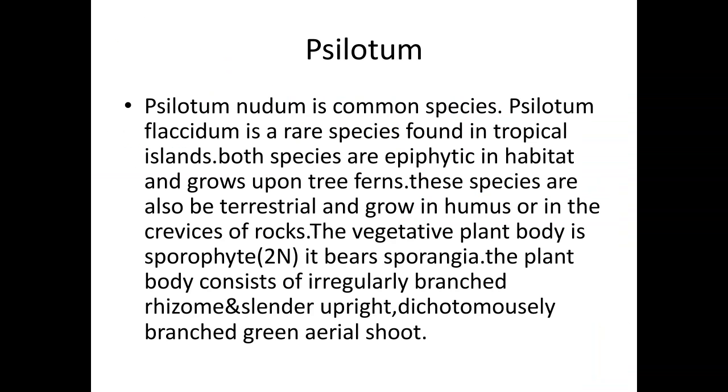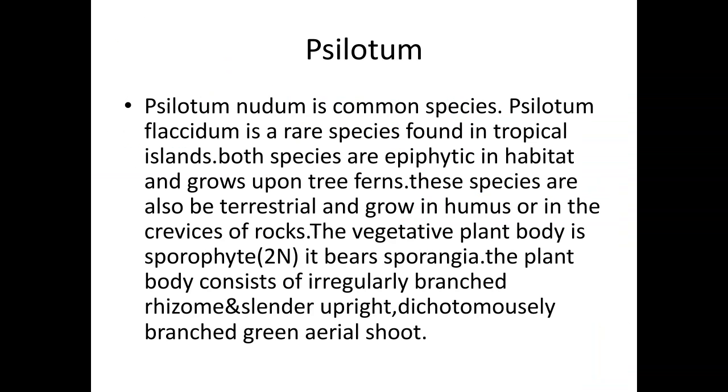These species are also terrestrial and grow in humus or in the crevices of rocks. The vegetative plant body is sporophytic, that is diploid, and it bears sporangia, the spore producing organs.